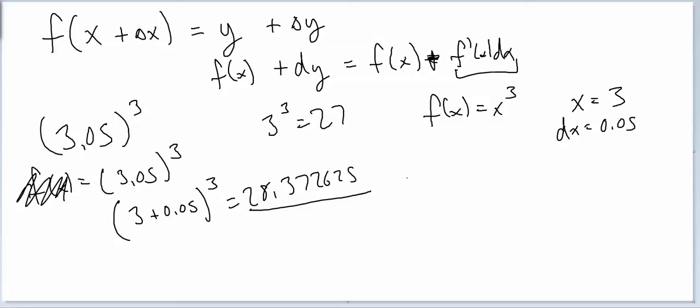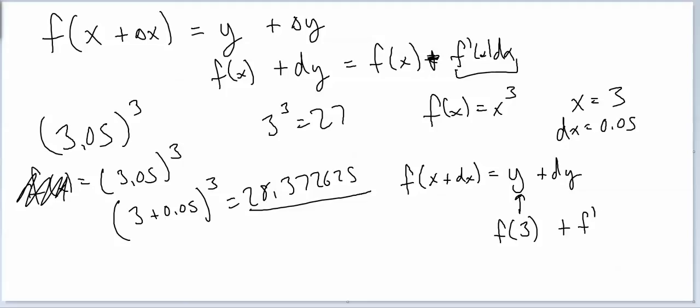So if I want to evaluate my function at this x plus dx, or delta x, I could say that this is my y plus my differential change dy. My y is my function at the original value of 3. My dy is the derivative at 3 times my differential change. So right here, my function at 3, it's 3 cubed, we have a 27.